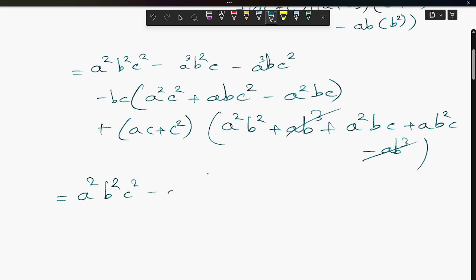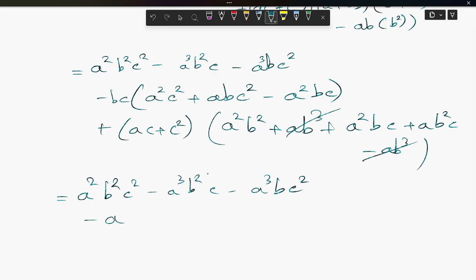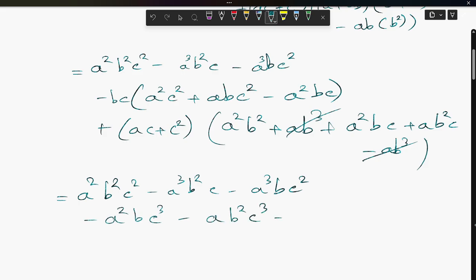So minus we will get a cube b square c minus a cube b c square minus a square b c cube plus we will get what? Sorry, minus a b square c cube minus a square b square, sorry, that will be plus here. Yes, a square b square c square.